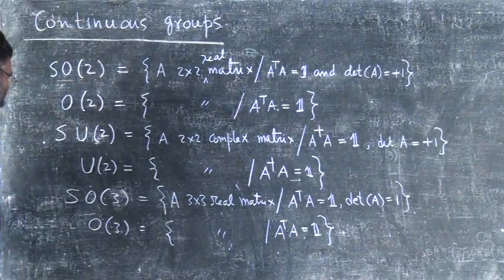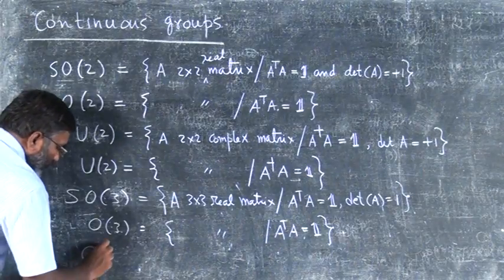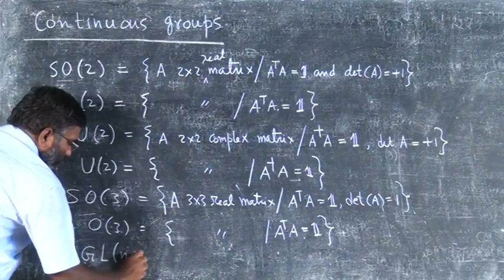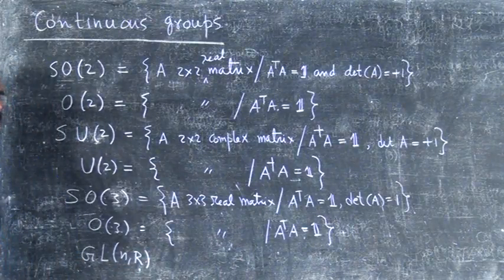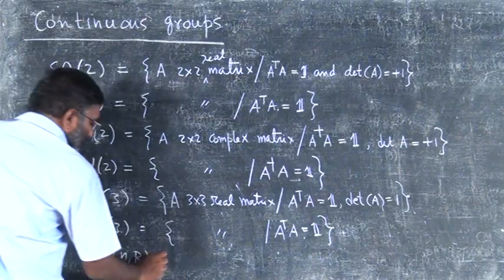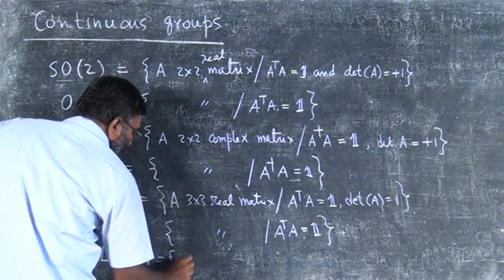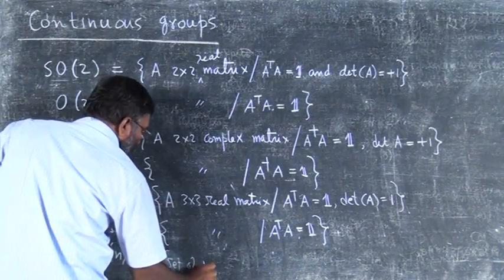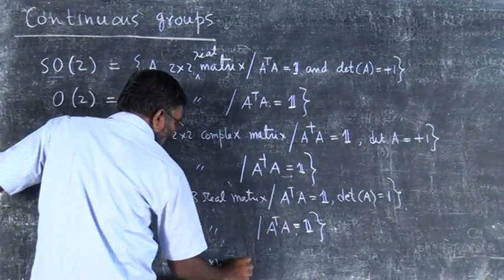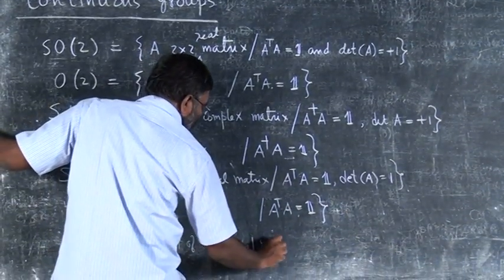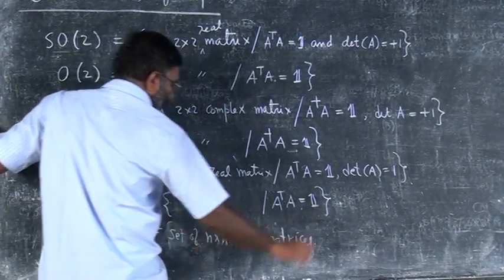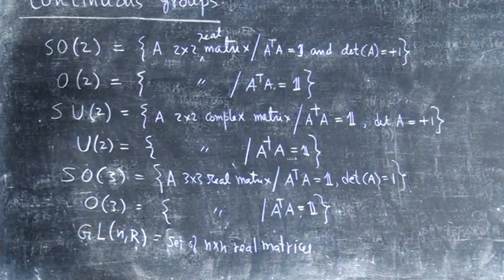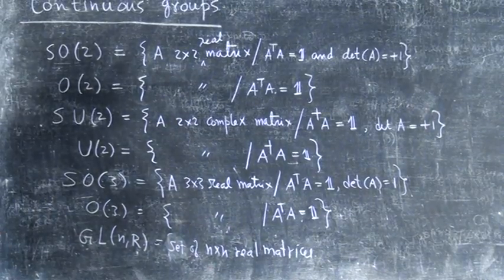So these are some groups, but there are also groups like GL of n comma R. This is called general linear group, set of n cross n real matrices.